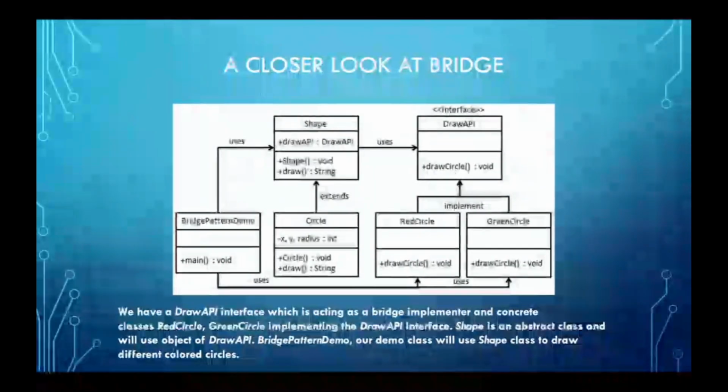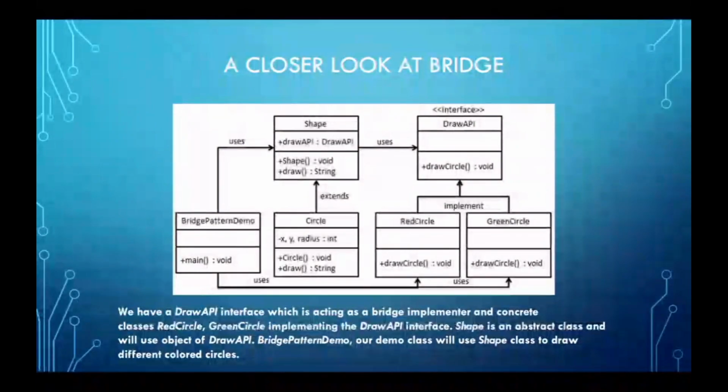Shape is an abstract class, and we'll use an object of draw API. As you can see here, we have these two pretty similar classes, red circle and green circle, with very minute differences, but we still want to be able to use them and work on them individually. So we have this bridge pattern.